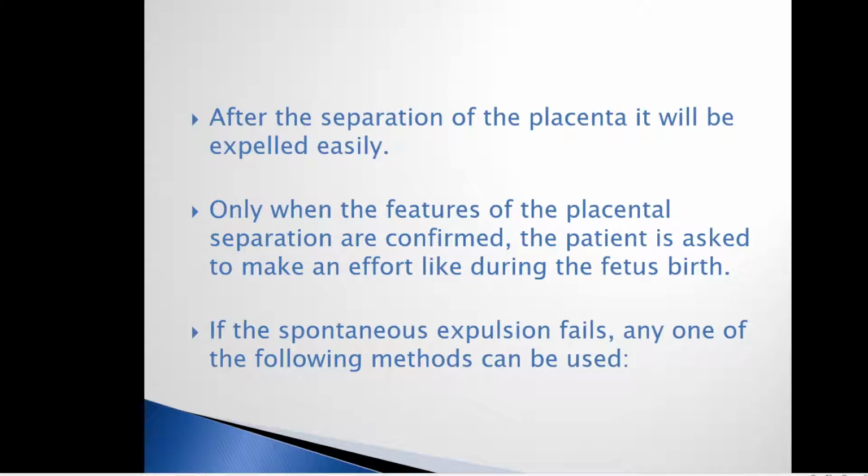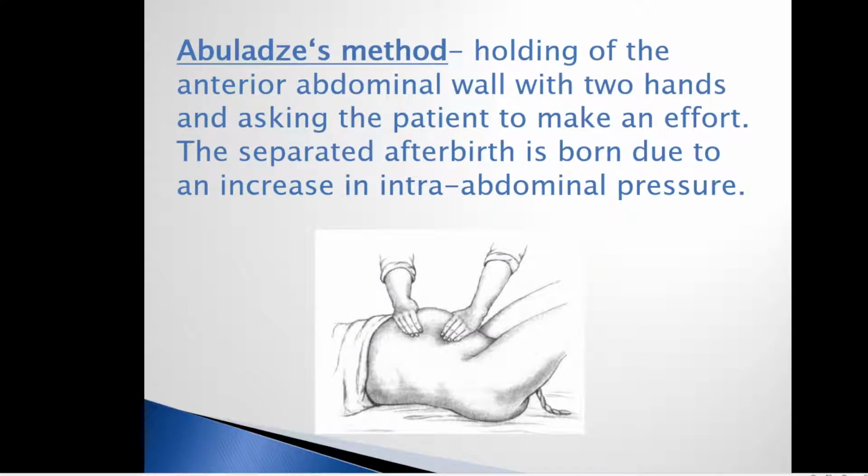If spontaneous expulsion fails, any one of the following methods can be used. The first method is Abuladze's method: holding the anterior abdominal wall with two hands and asking the patient to make an effort.